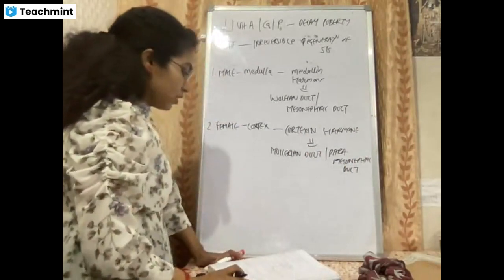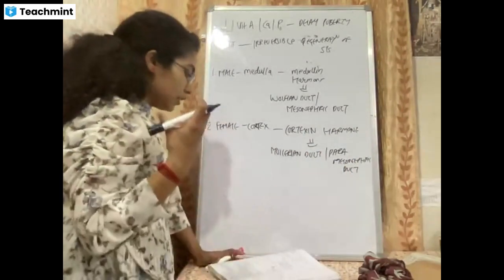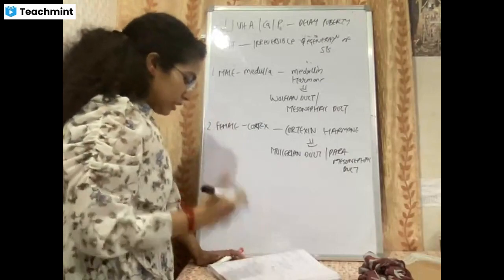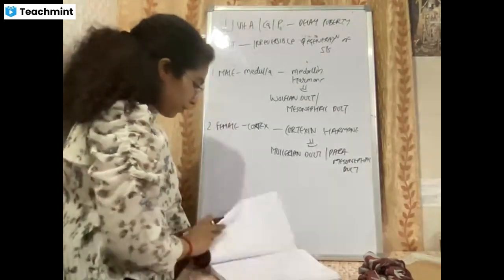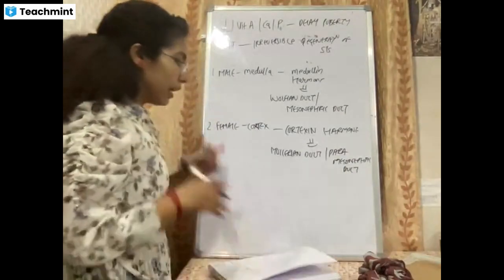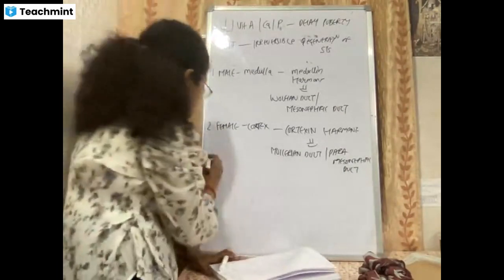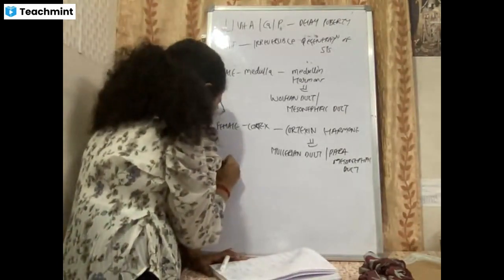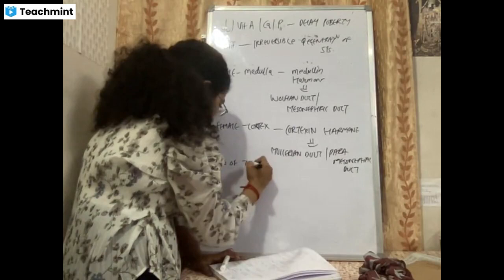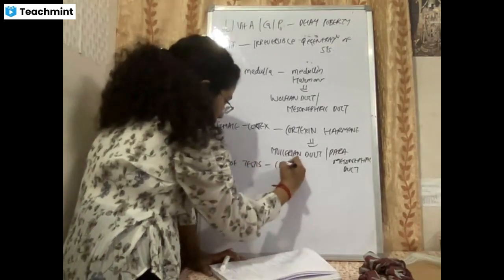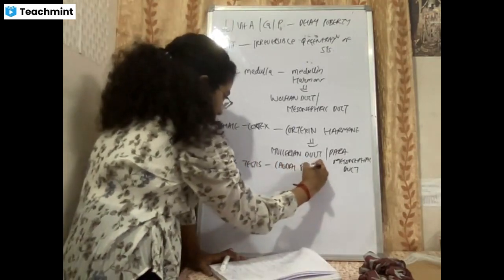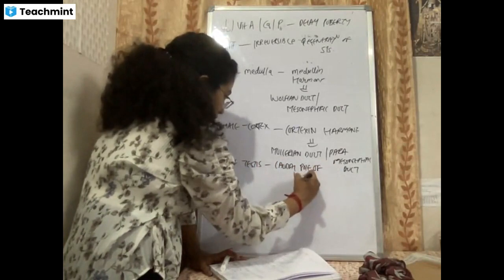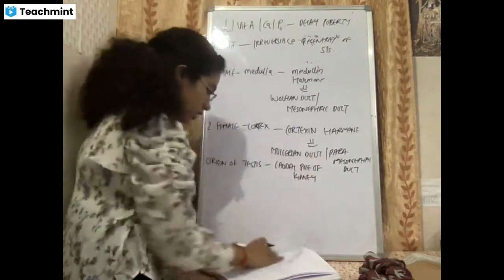Now, sometimes it is asked from where the testis originates. If the origin of testis is asked, it is from the caudal pole of the kidney.